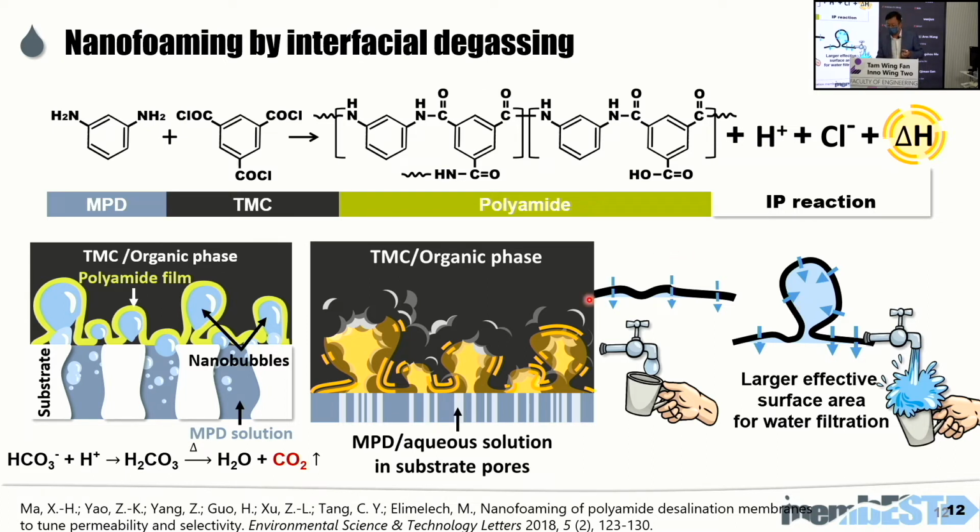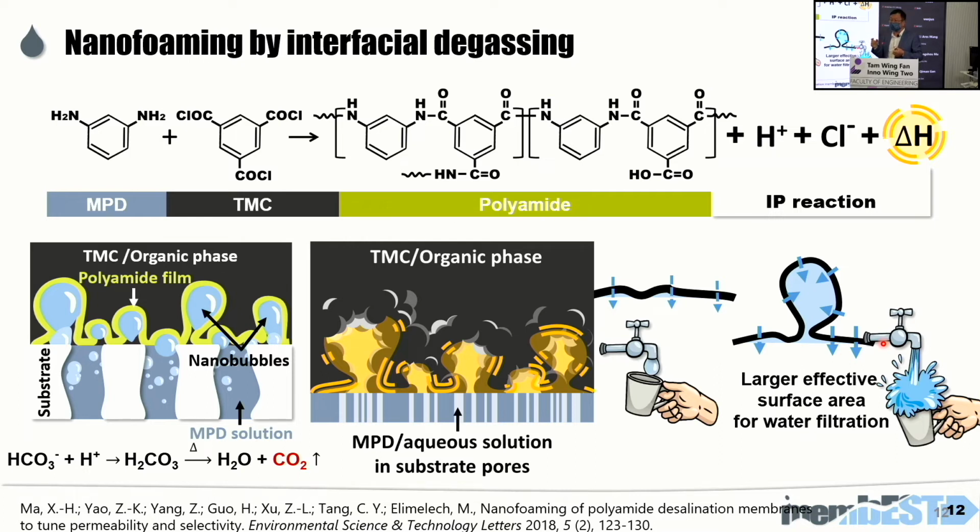So instead of making a flat layer, we make a layer with nodules. We call them roughness nodules. That certainly helps us increase the filtration area, and indeed it also helps us optimize the transport paths. With this simple approach, we can enhance the permeability of the membrane by almost 10 times.